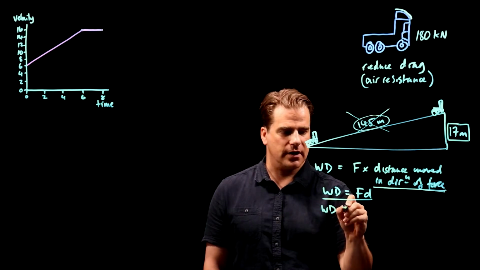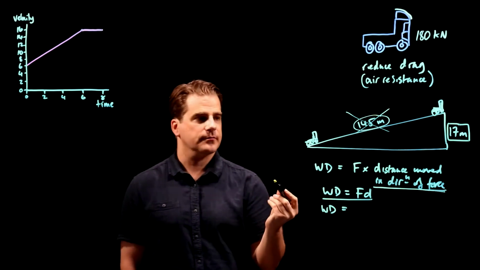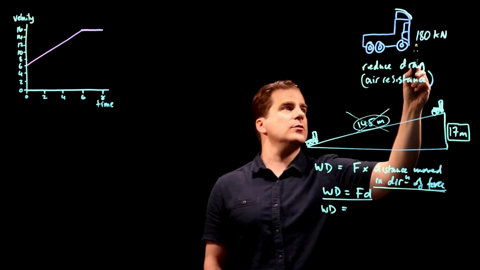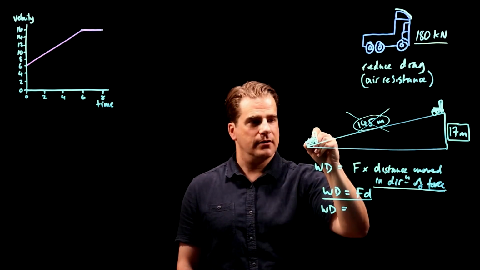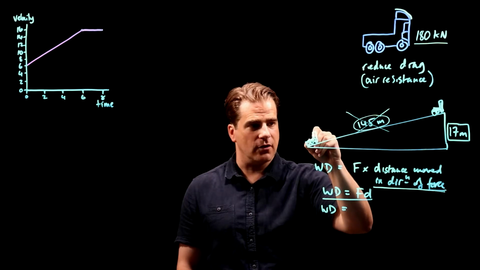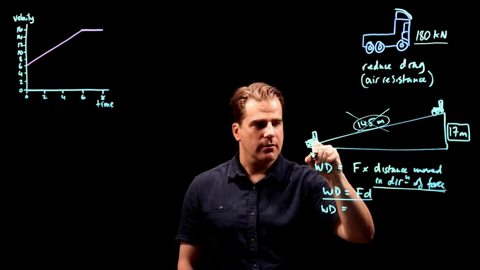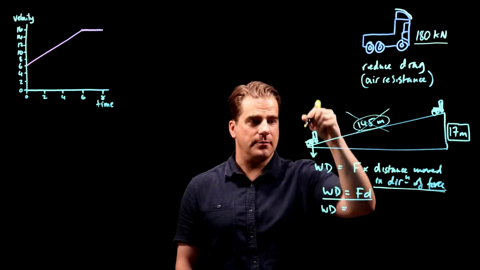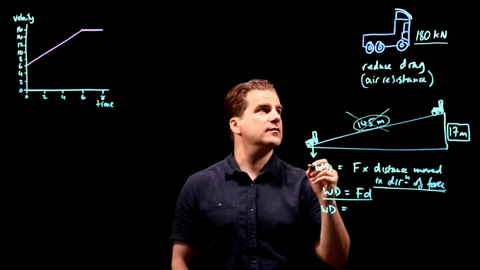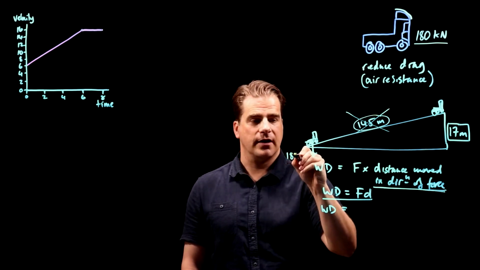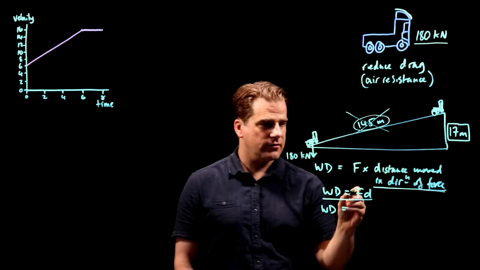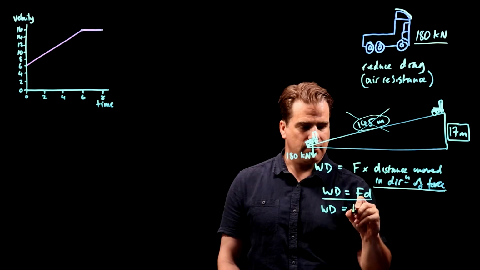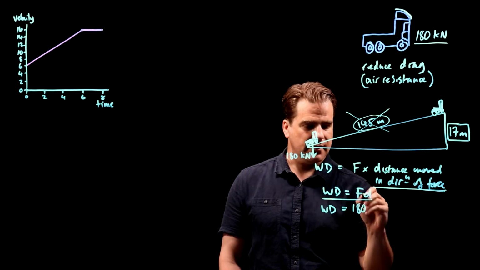Work done against gravity is the force. Now we're told that the lorry weighs 180 kilonewtons. So that means from the centre of gravity of the lorry, because of gravity, it's being pulled downwards by a force of 180 kilonewtons. So that's the force, 180 kilonewtons.